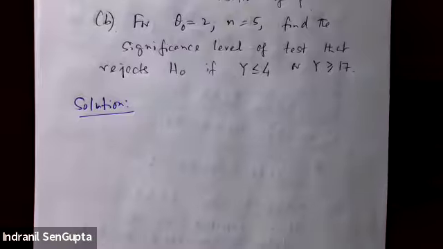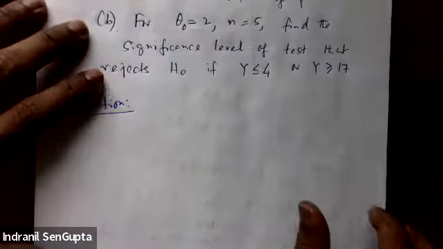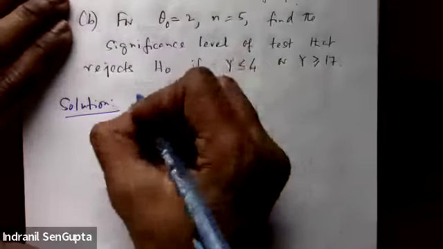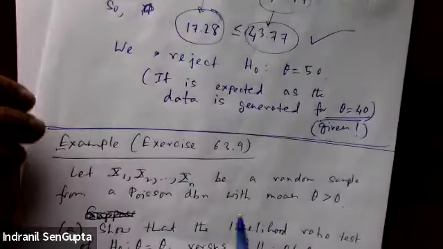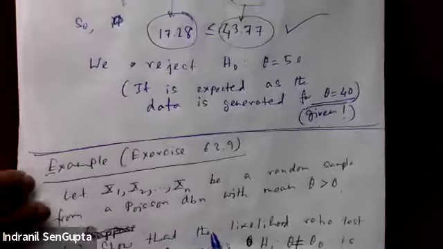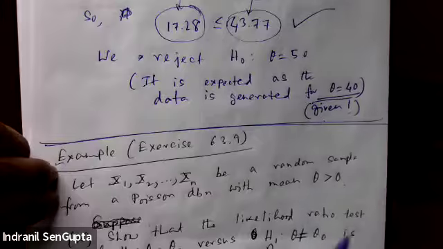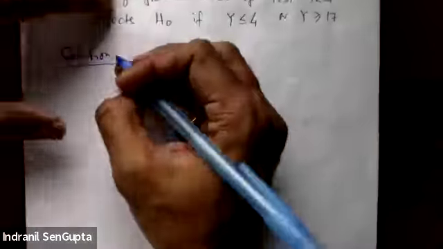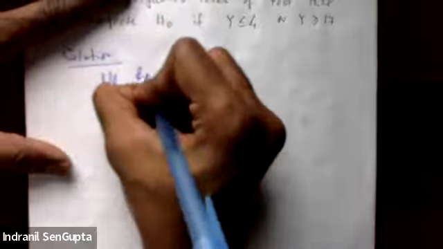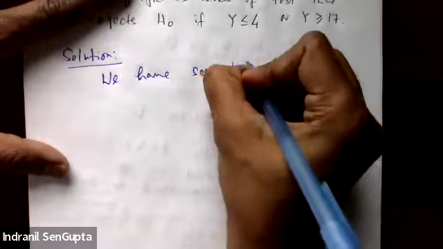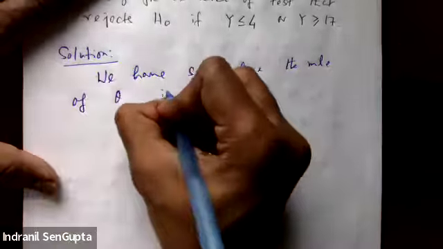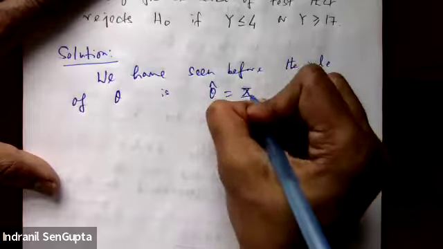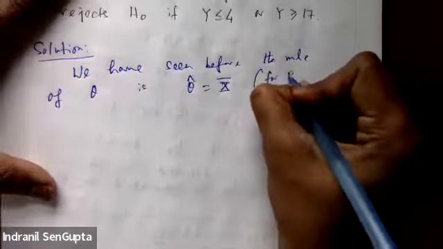So what we are trying to do here is, first of all, the first part is asking us to create a rejection rule based on this statistic. Now we have already seen that the maximum likelihood estimator of theta is given by X bar for the Poisson distribution.